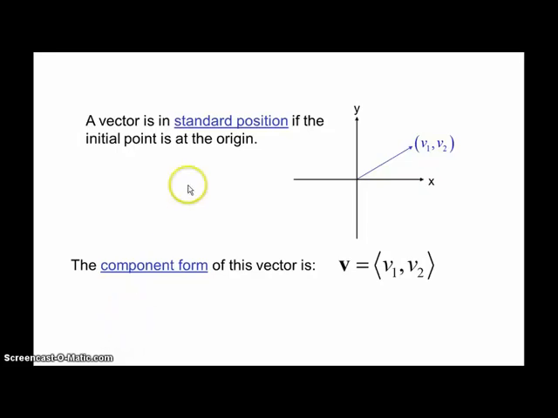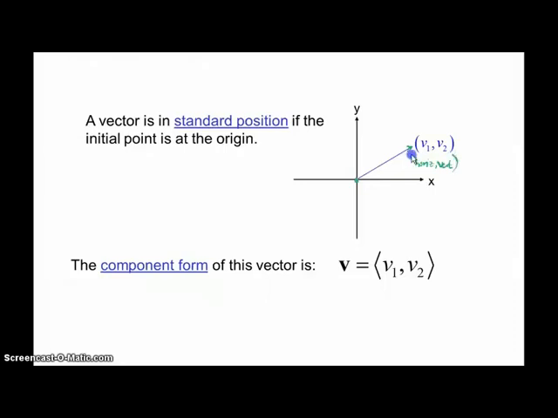So remember, a vector is in standard position if the initial point is at the origin. The initial point is where it starts. The terminal point is where the arrow is, where it keeps going. It has two components, a horizontal component and a vertical component.